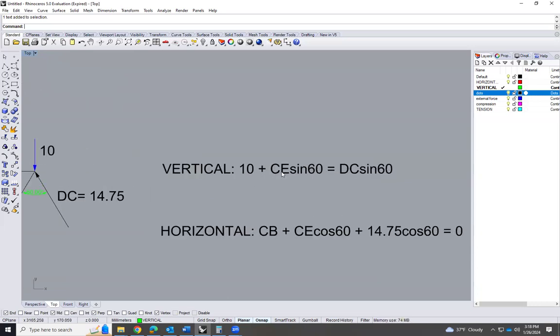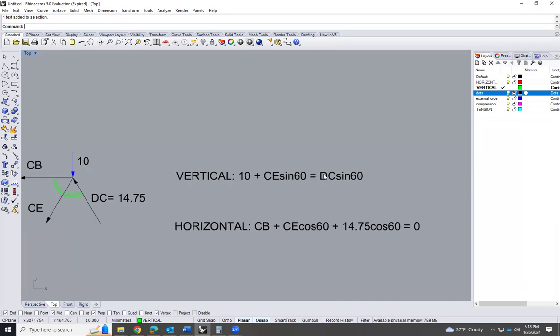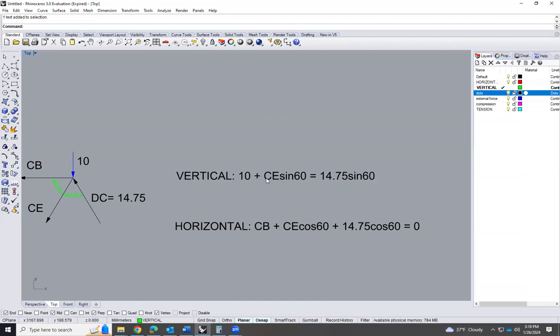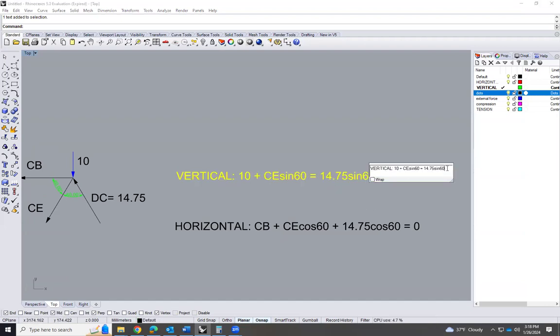Okay, so in this equation we have two unknowns, CE and DC, well, see, DC is not an unknown because it's 14.75. So here we can calculate CE. CE equals 14.75 sine 60.